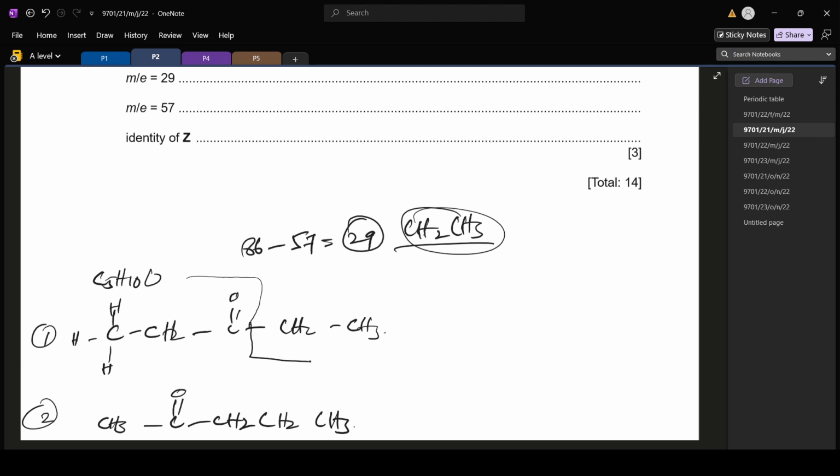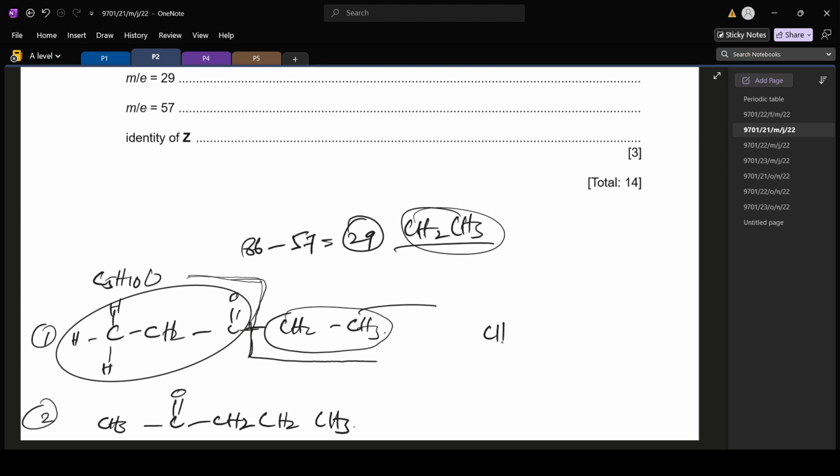Okay, so here, in the first one, if I eliminate this 29 group and break the compound from here, this 29 group is eliminated and you will get this fragment. And if you calculate the Mr of this, you will get 57.